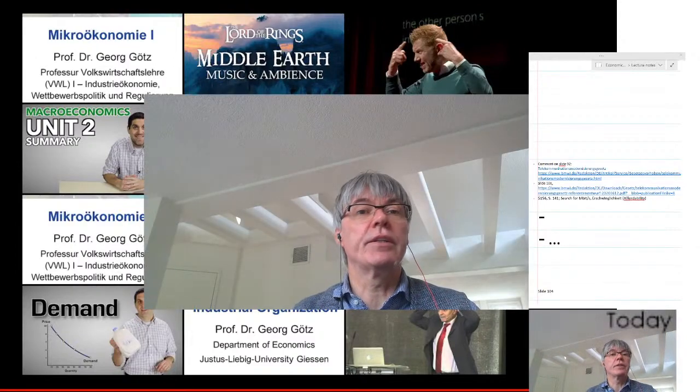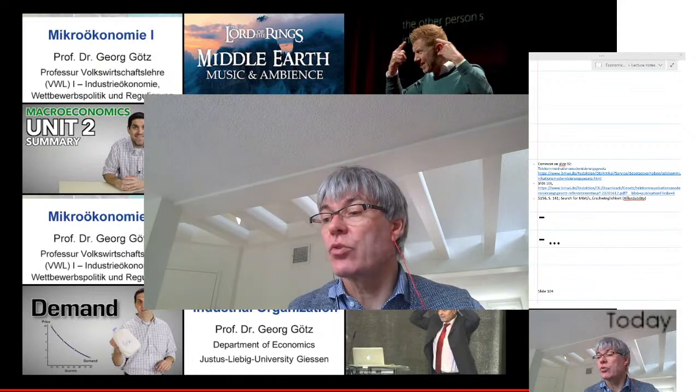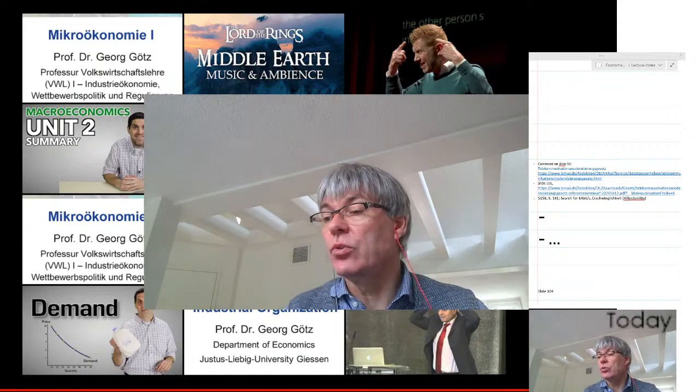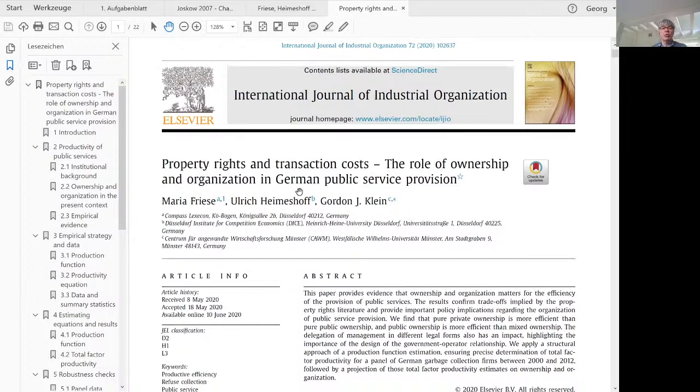Okay, so I did it, it's over. I just want to draw your attention to a recent study. Where do I find it? Here. You should see now this recent study on exactly the question, what is better, private ownership or public ownership?